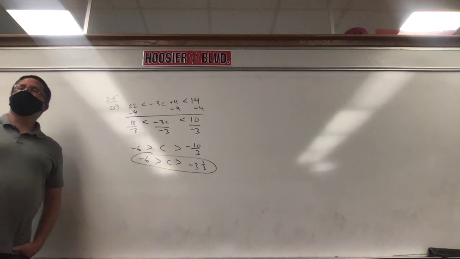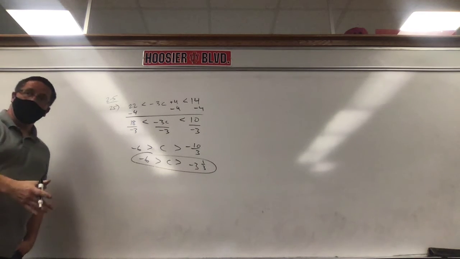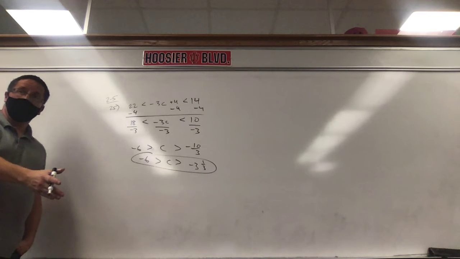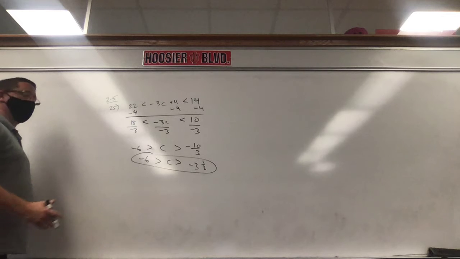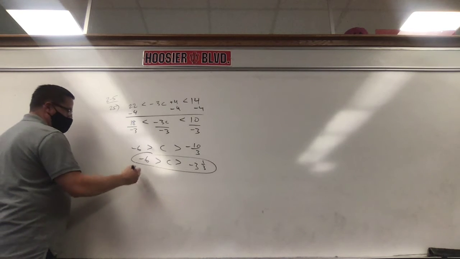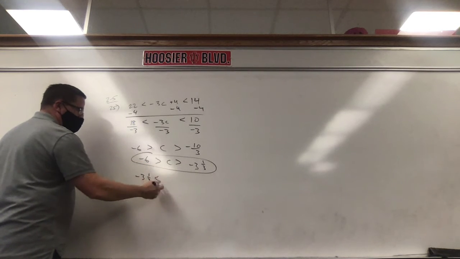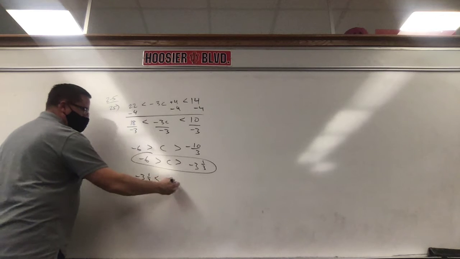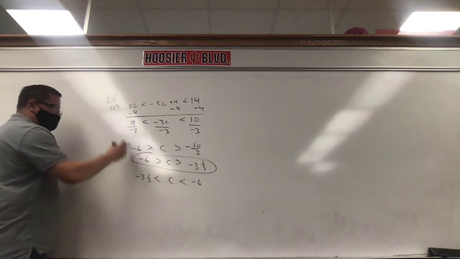It's kind of like saying your grandpa is older than your dad, who is older than you. You could have said you are younger than your dad, and you are the youngest. So reverse everything. What should be first? Negative 3 and 1/3, then switch it, then what's in the middle? c. Then switch it, and what's at the end? Negative 6.